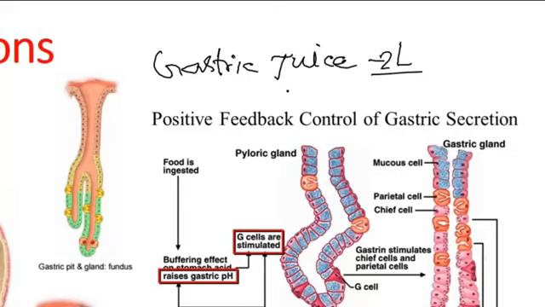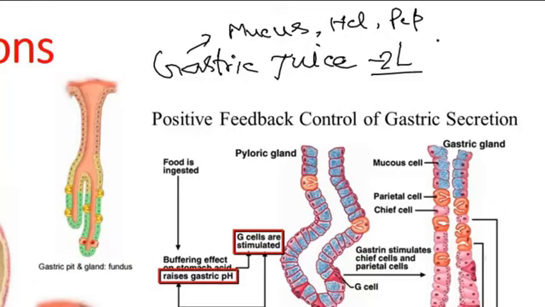Gastric juice has several constituents: mucus, HCl, and pepsinogen. Pepsinogen is a precursor of the enzyme pepsin, which is a protease enzyme, and there are also intrinsic factors.